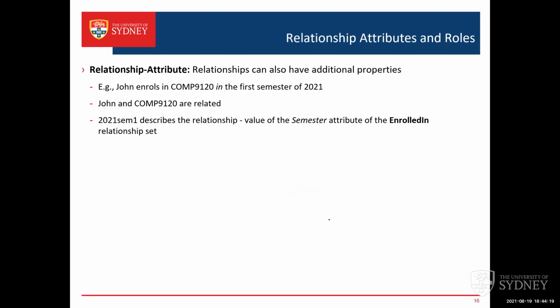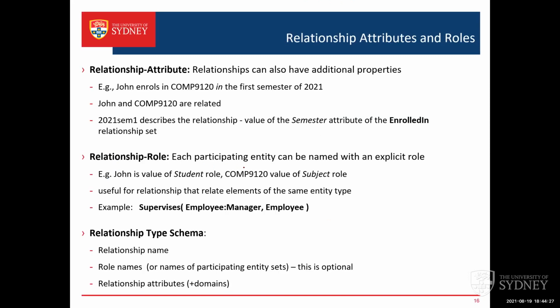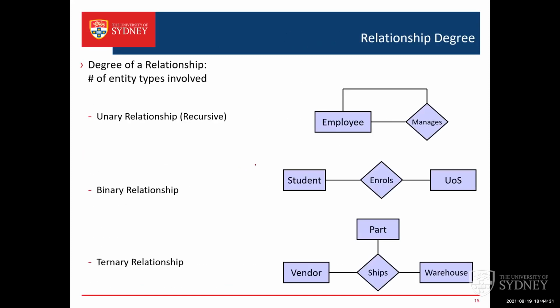What should be the attribute of that relationship that we are looking into? Let me go back to the previous slide. For this enrolled table, we are trying to connect the student and unit of study tables together.